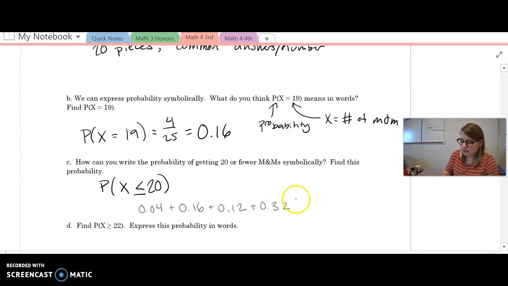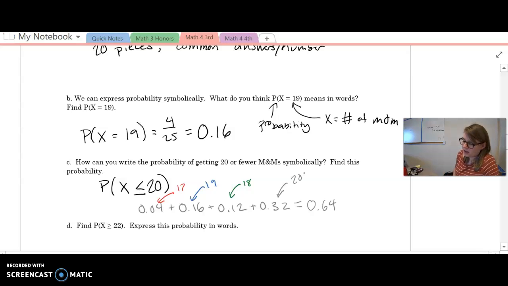And all we're doing is adding them together, and that would be the probability of finding 20 or fewer M&Ms in a bag. So let's add those together. And when we take a moment to add them together, we get 0.64. Now, I'm going to point out that this represents 18, and this represents 19, my bad, and then we have this representing 20. So that's where I got all of those numbers from.